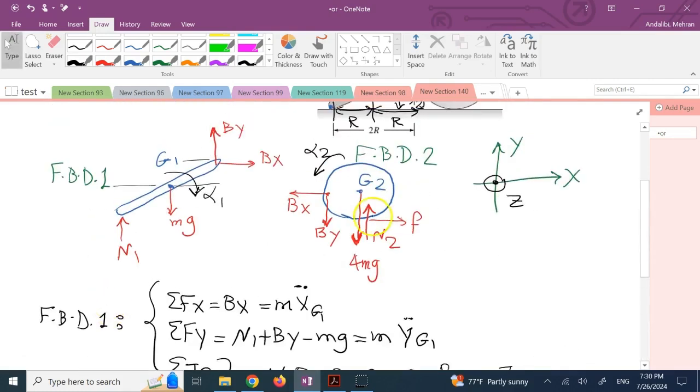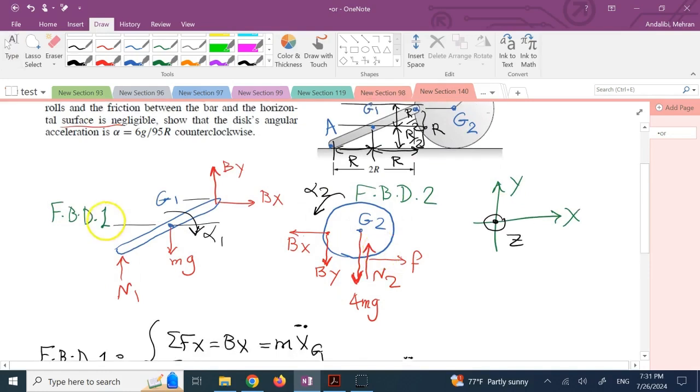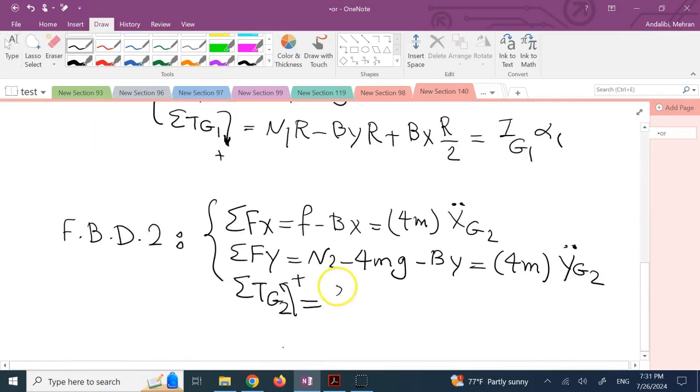If you look at G2, the only forces that create a moment for G2 are By and F, because N2, 4mg, and Bx pass through G2 at this moment. So By is clearly positive and F is also clearly positive. Both of them have a distance of r. So it's going to be F times r plus By times r. And this is equal to I about G2 times alpha 2.